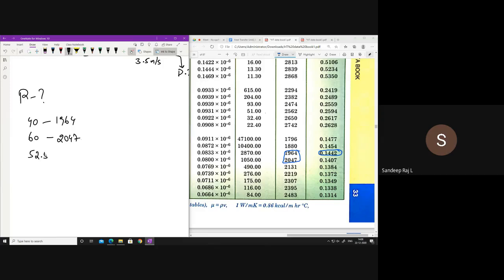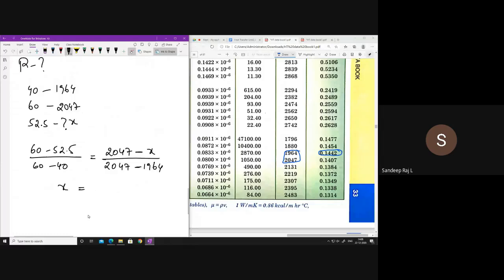For 50, is it okay? Am I right? All the values are taken correctly, right?